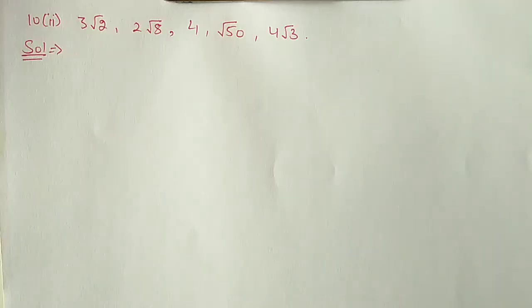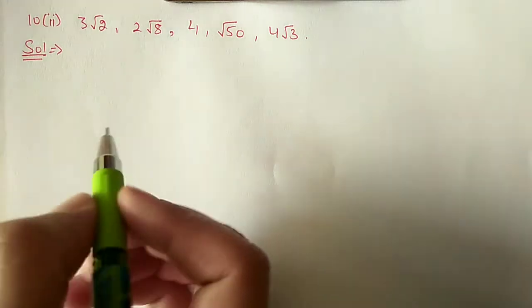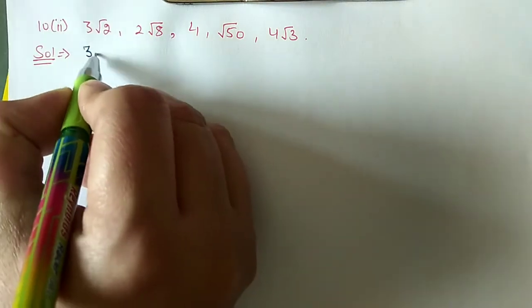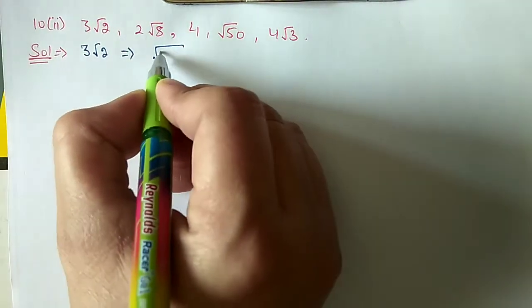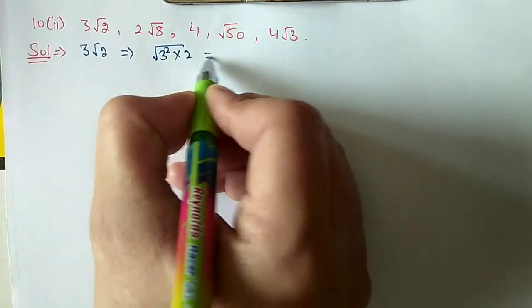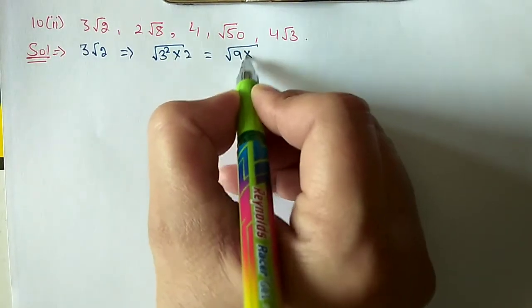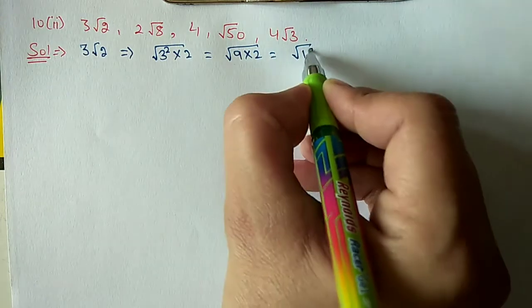Next, the second part of the question: 3 root 2, 2 root 8, 4, root 50 and 4 root 3. So first we will change all these numbers inside the root. This 3, when we take it inside, will become 3 square into 2. 3 square is 9 into 2 means root of 18.